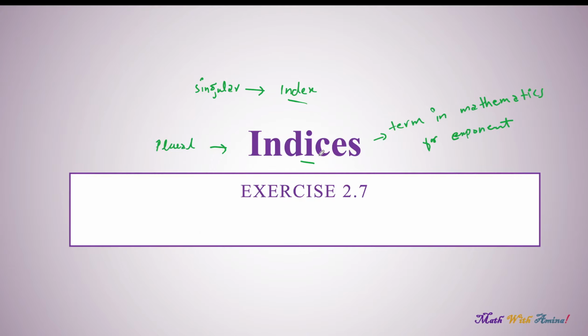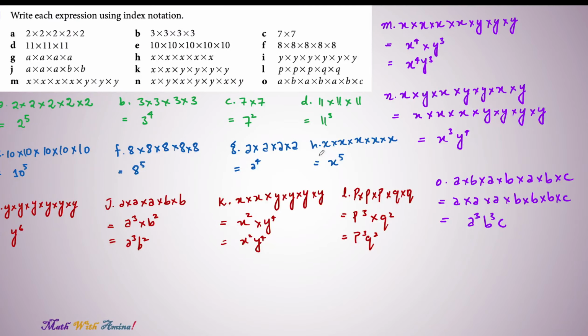So let's start with our very first question to know how to solve expressions using indices or index notation. The very first question asks us to write each expression using index notation. Index notation is simply a shorter way of writing a number or a variable that is multiplied by itself several times.